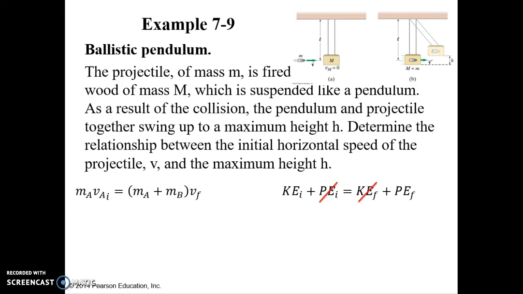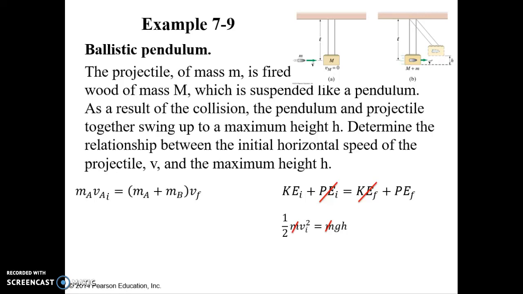The initial potential energy and the final kinetic energy equals 0 because we take the reference point for potential energy at the bottom of the pendulum, and the object comes to rest at the maximum height of h. Next, just plug the equations in for kinetic energy and potential energy.